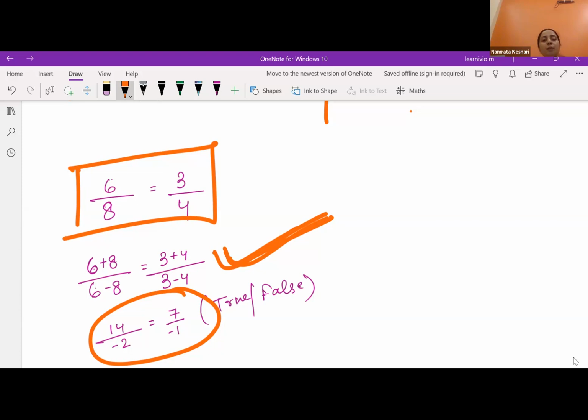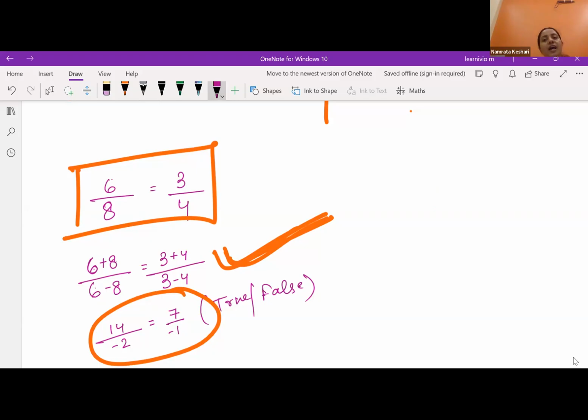Let's take a few more examples and let's convince ourselves that yeah, it is working always. So maybe if we are having 12 by 16, for 3 times 12, for 4 times 16. If you are thinking why I'm taking again 3 by 4, so let me take another fraction.